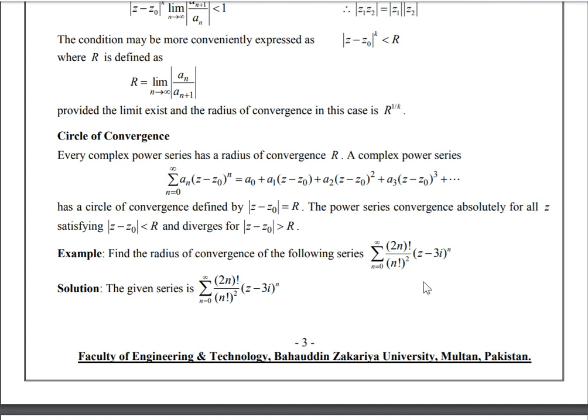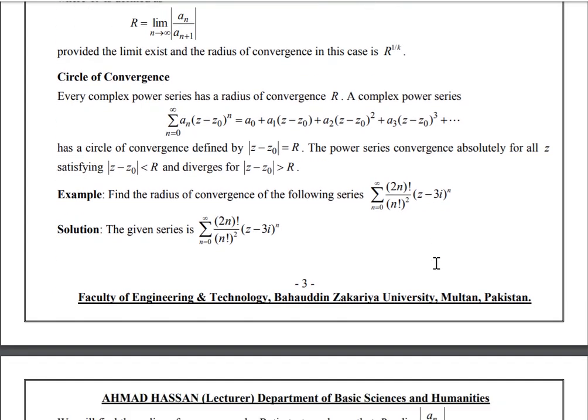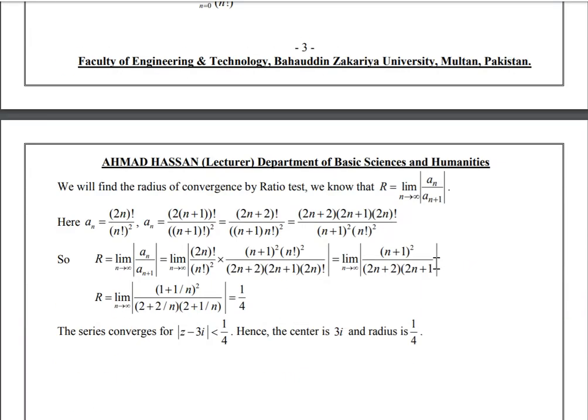Now we consider an example of how to find the radius of convergence. Consider this example, 2n factorial over n factorial power 2 into z minus 3 iota power n. Here an is 2n factorial over n factorial power 2 and z naught is 3 iota. We find the radius of convergence by the ratio test formula, limit n tends to infinity of an over an plus 1. Here an is this one and an plus 1 just replaces n by n plus 1.